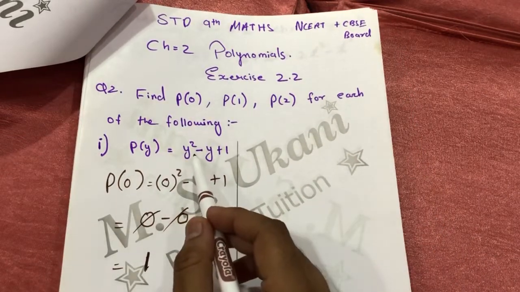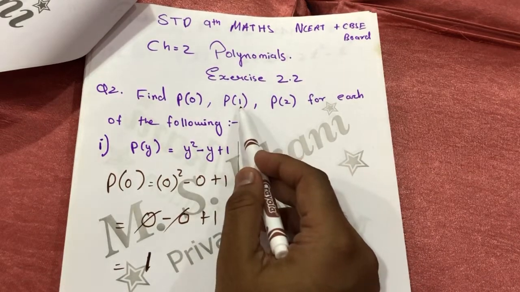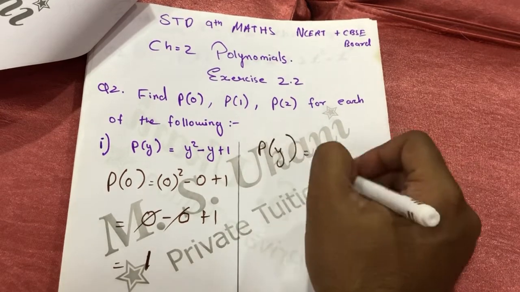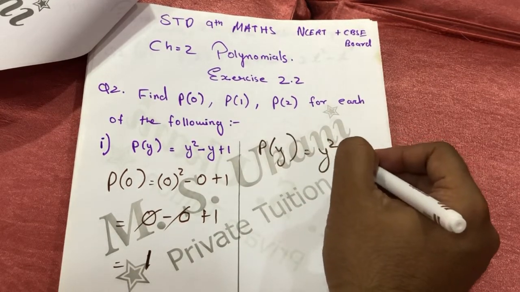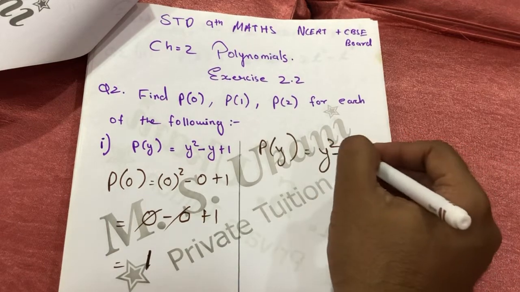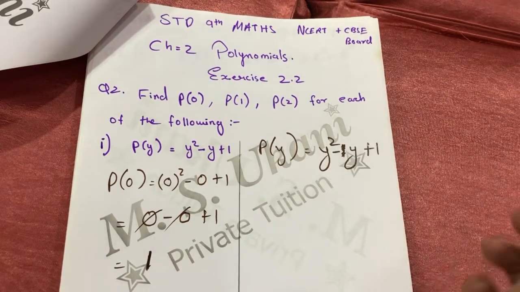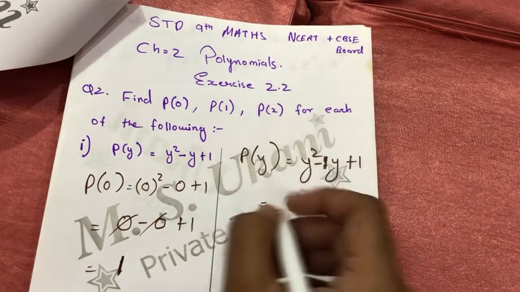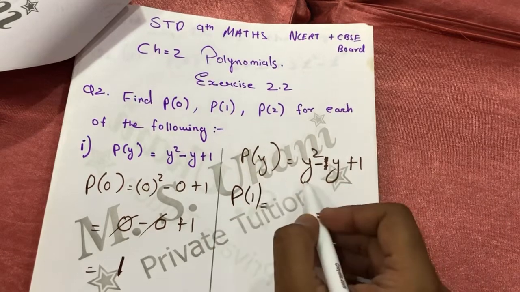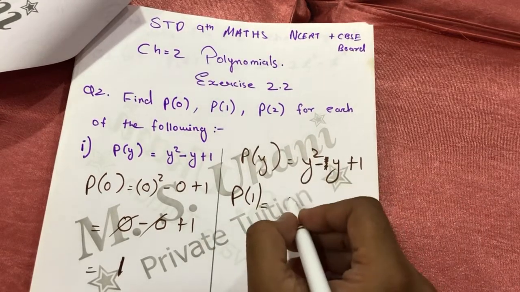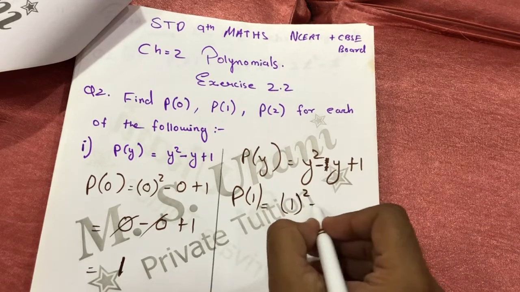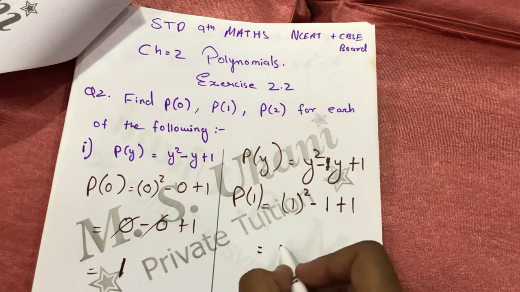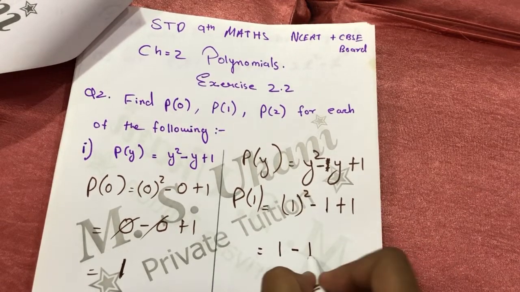Now again in this same equation we will put the value 1. First of all we will write the question, y square minus y plus 1. This is our question. Now we have to put the value 1 in place of y. So 1 square minus 1 plus 1. 1 square will remain 1 only, minus 1 plus 1.